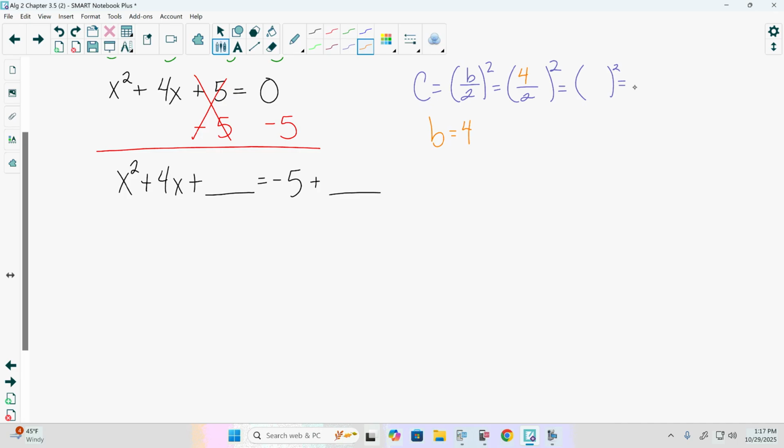But it is nice to know what our division of 2 is, because it does tell us what goes inside the parentheses before we square it. 4 divided by 2 is 2. 2 squared is 4. And again, this is one of the interesting tidbits with 4 and 2 rather than the numbers themselves. Now at this point here, we can add this number to both sides.